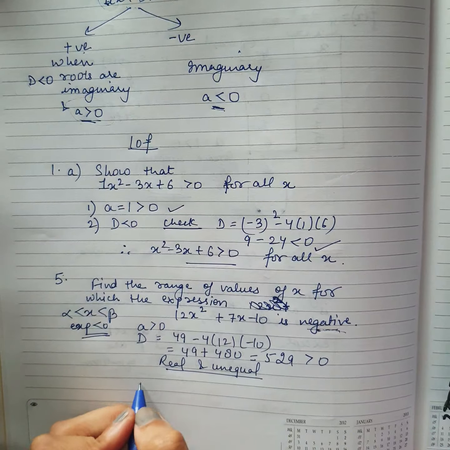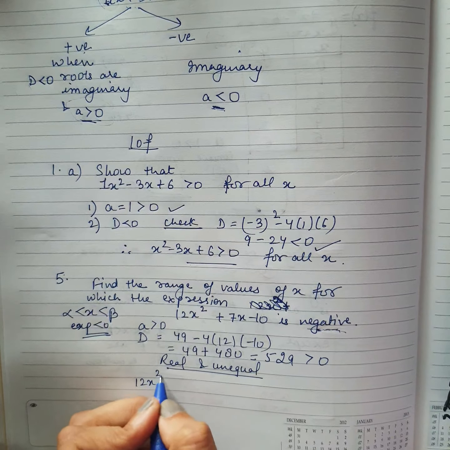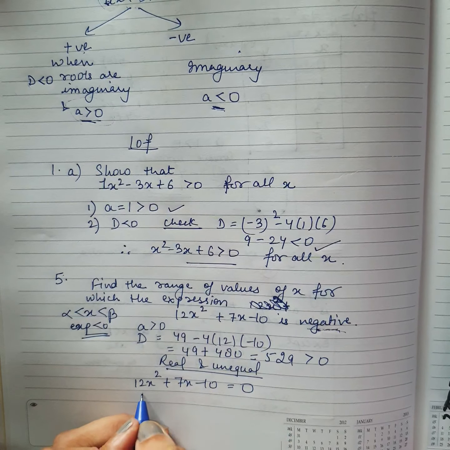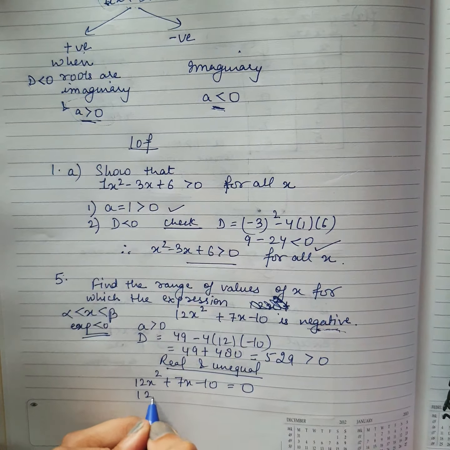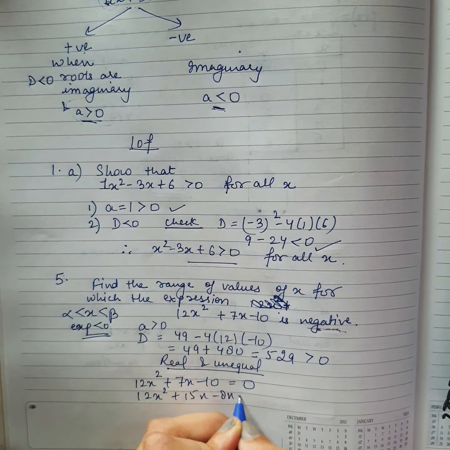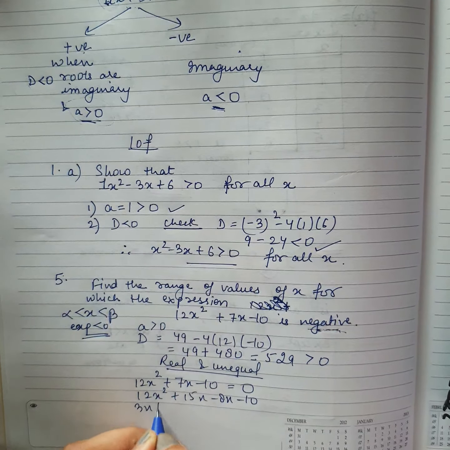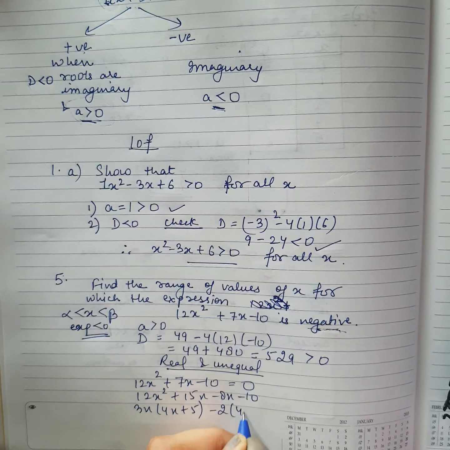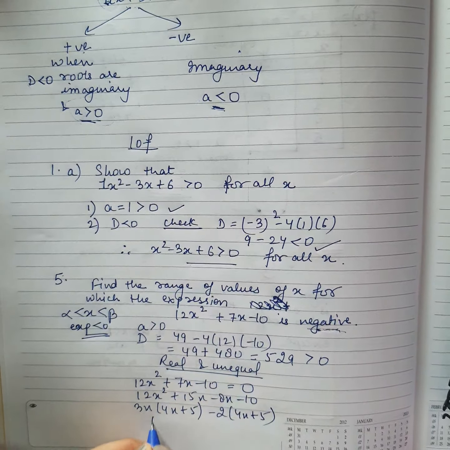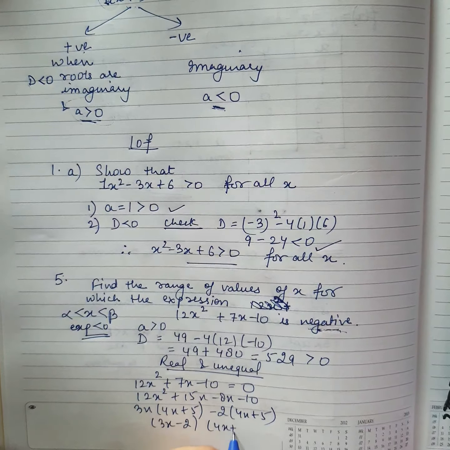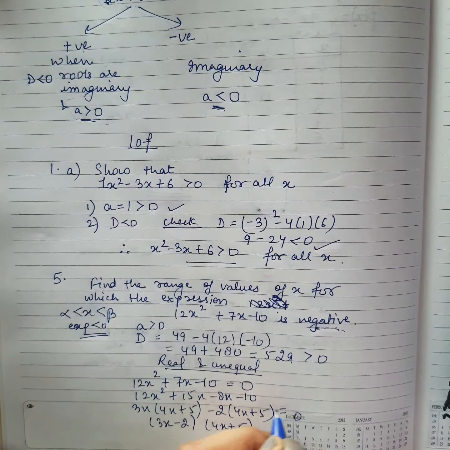So we need to find the roots of the quadratic expression. So we have to equate it equal to 0. In this case, by factorization, and after solving we will get 3x minus 2 and 4x plus 5 equals to 0.